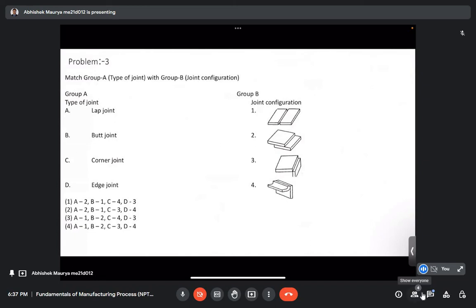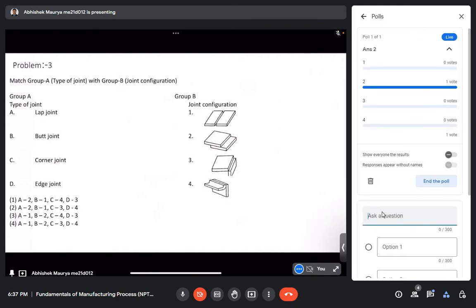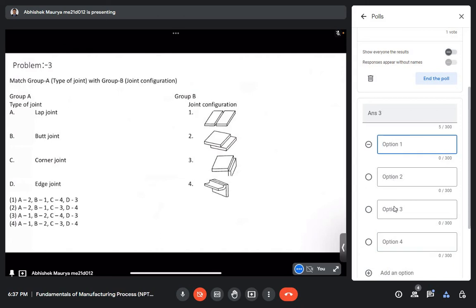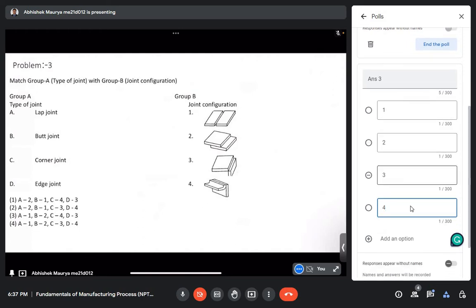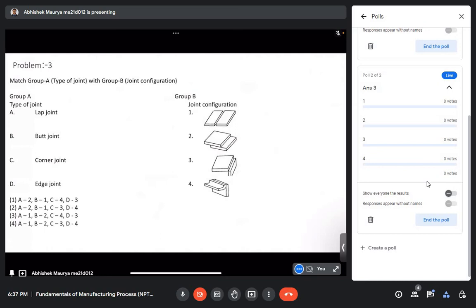After that, we will discuss it together. I have launched the polls.